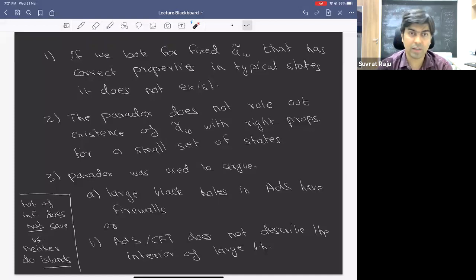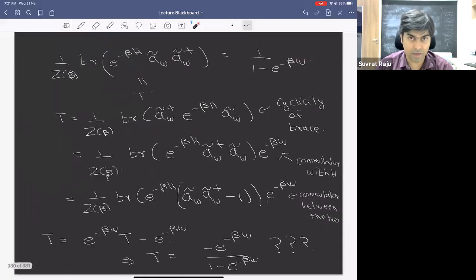If you were to say that these operators A omega tilde are somehow drawn from the bath, you now have a much bigger space of operators that you can find. And this trace of e to the minus beta H is not going to be a trace over the combined system of the bath and the black hole. So when you couple the black hole to a bath, you turn it in some sense from a typical to an atypical state. That's one thing.